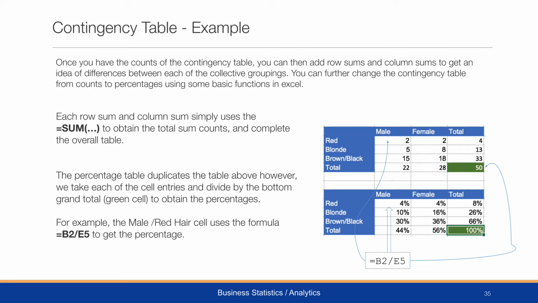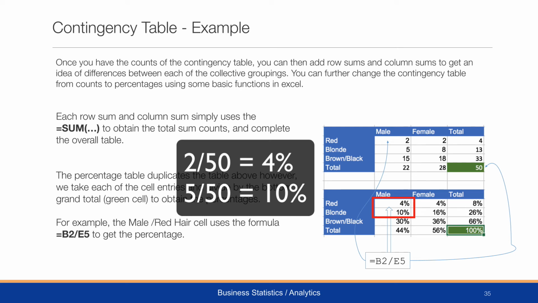On the right here, you can see that for each column for male, female, we have the 22. We've done the sum there and the sum for the female. The percentage table duplicates the table above. However, we take the cell entries, in this case, the 2 for male red hair, 5 for male blonde hair, and we divide by the bottom grand total, that's the green cell, which is 50.